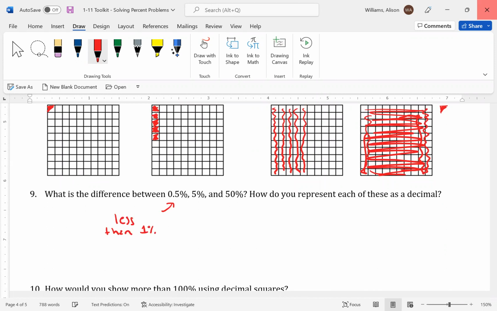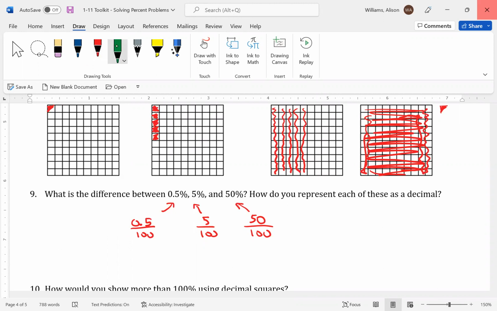Okay, but 5% is representing, in these pictures, 5 out of 100. 50% is representing 50 out of 100. So if we wanted to do the 0.5% out of 100, I can do that. It's going to look like this, but I'm not going to leave it like this. 0.5 out of 100. Okay, but having a decimal there is a little bit weird.